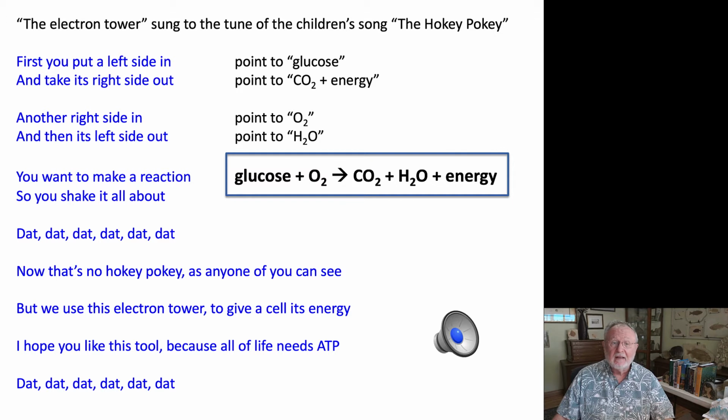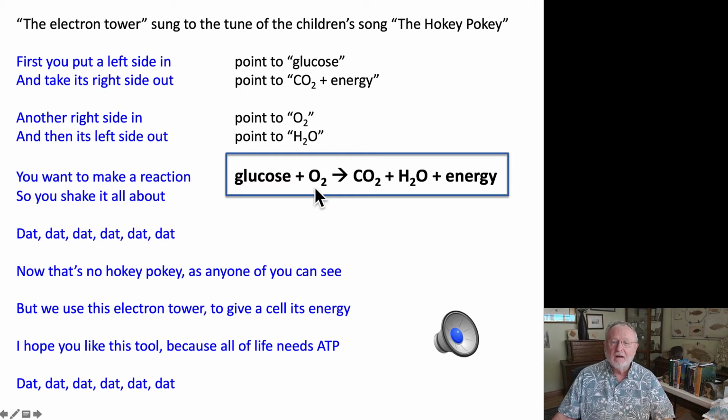Now that's no hokey pokey, as anyone can see. We use this electron tower to give a cell its energy. I hope you like this tool because all of life needs ATP. Okay, look for this to be a hit in iTunes, coming soon.